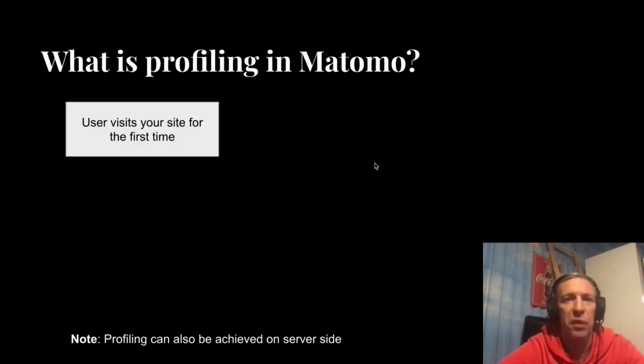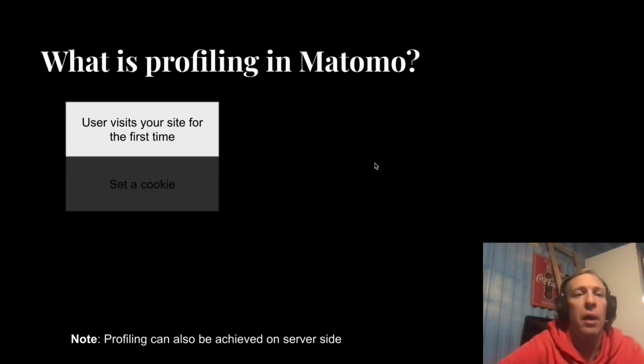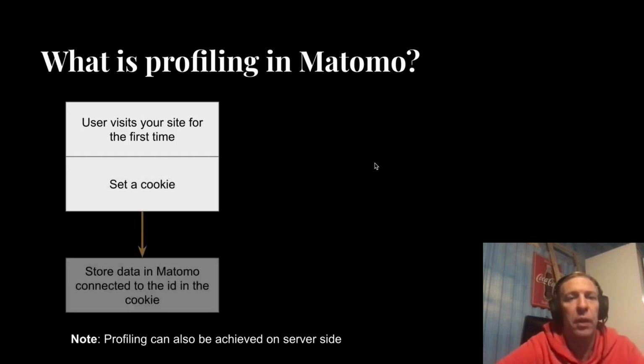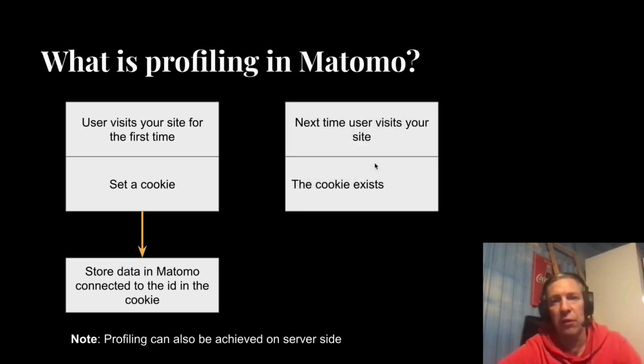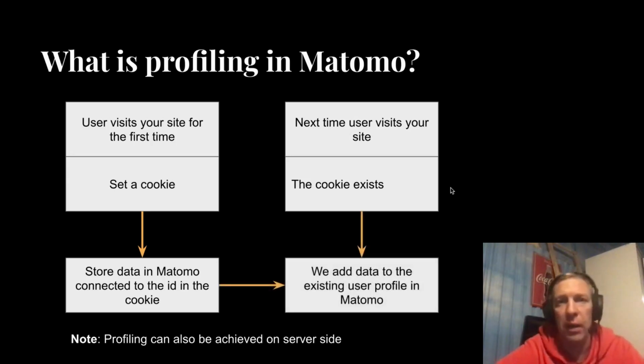Well, when a user visits your website for the first time, we set a cookie, and that cookie contains a little number, which is the visitor ID, and that ID is stored in Matomo together with the data we collect. So the next time a user visits your site, the Matomo script can find that cookie, and it will actually start adding data to the already created profile in Matomo, so that we're building a profile in Matomo.